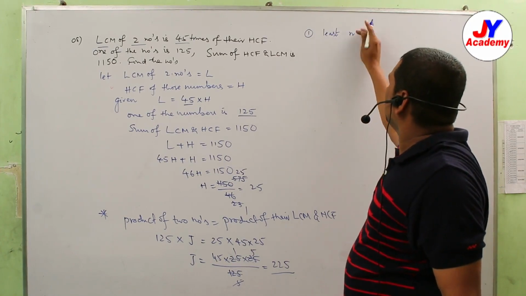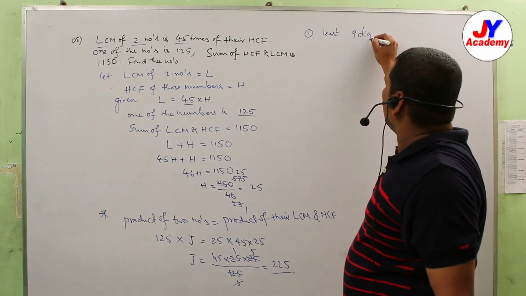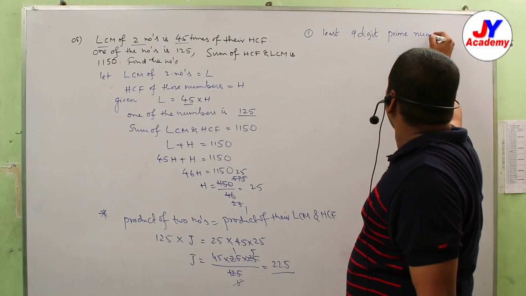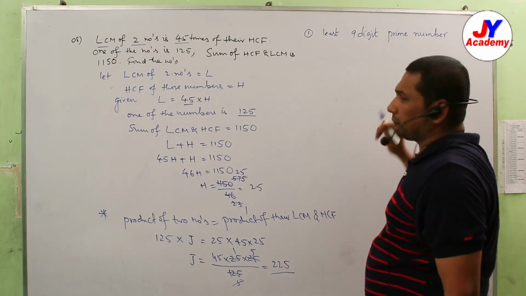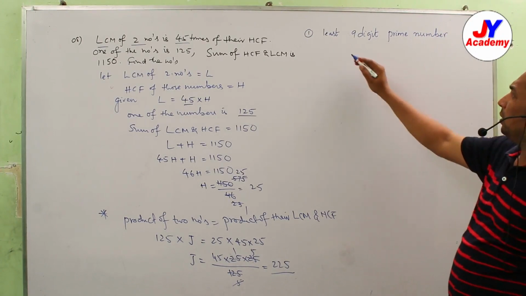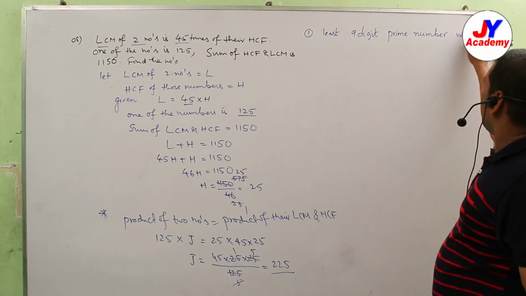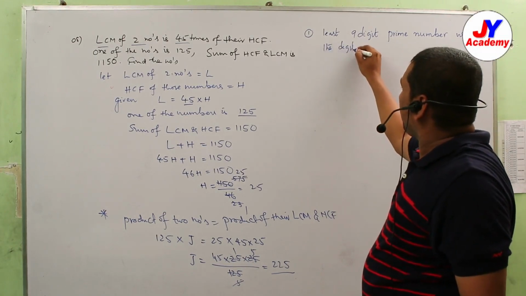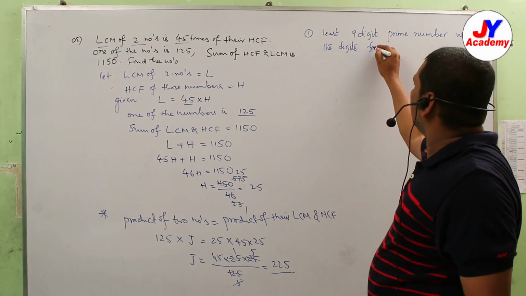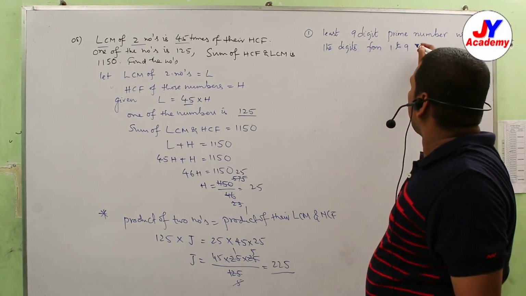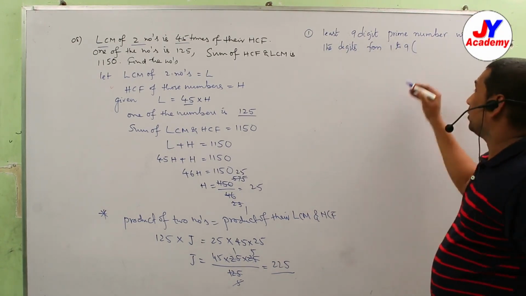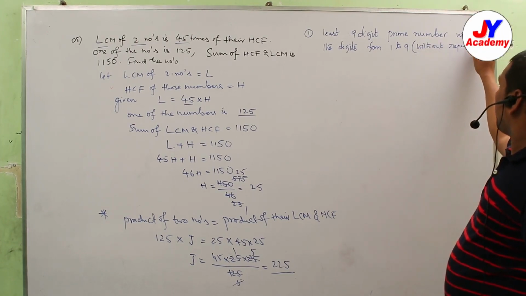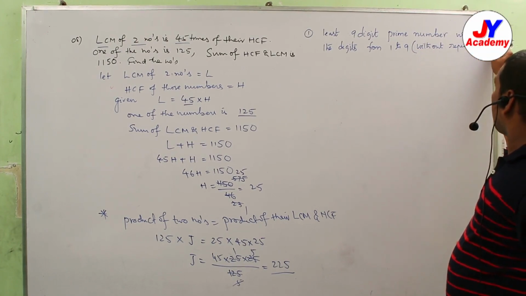Least 9-digit prime number using the digits from 1 to 9, without repeating digits.